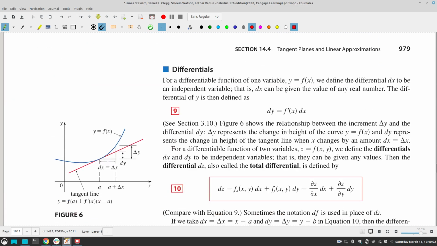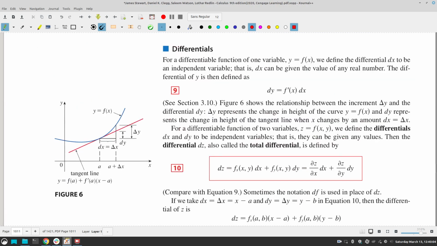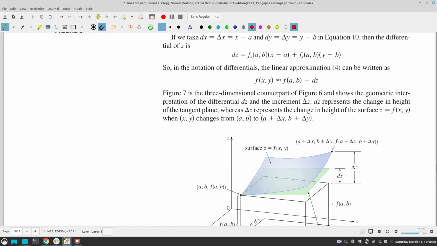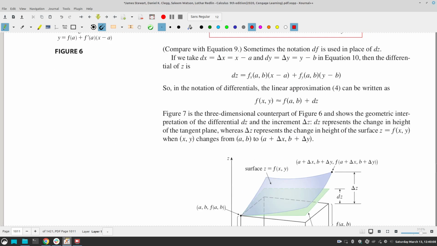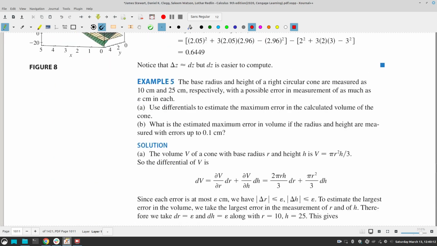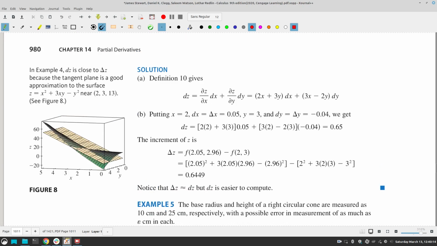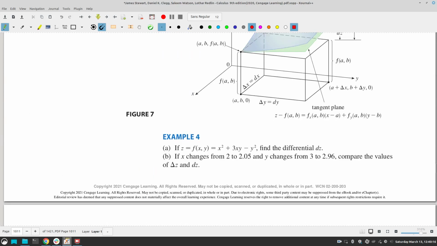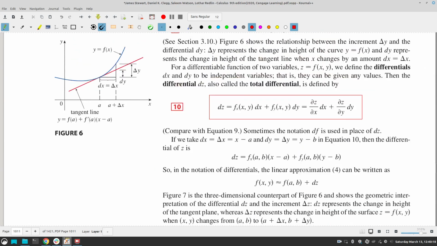Okay, so that's that. And then we move on to the final bit of this chapter, which is differentials.